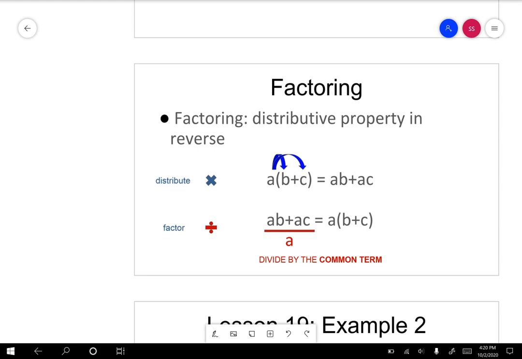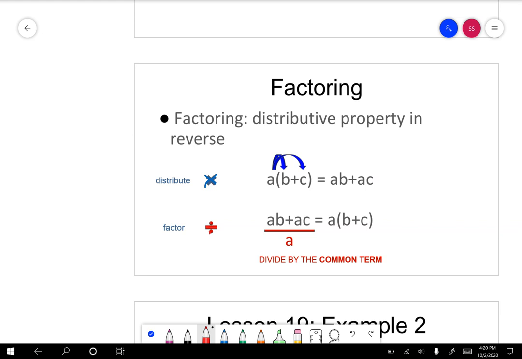All right. We are going to talk about factoring really quick. Just as a quick reminder, I know I've mentioned it at least once before this year, but factoring is basically the opposite of distributive property. So it's distributing in reverse. If distributing means multiplying, then factoring would basically be the dividing part. It's the opposite.